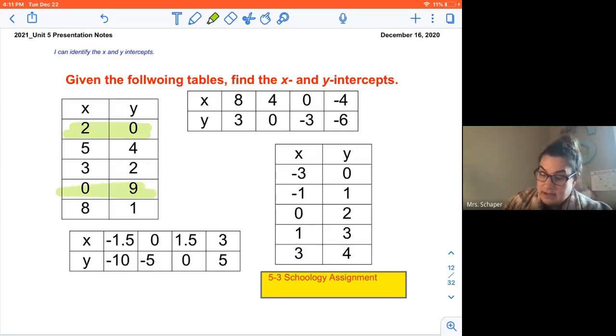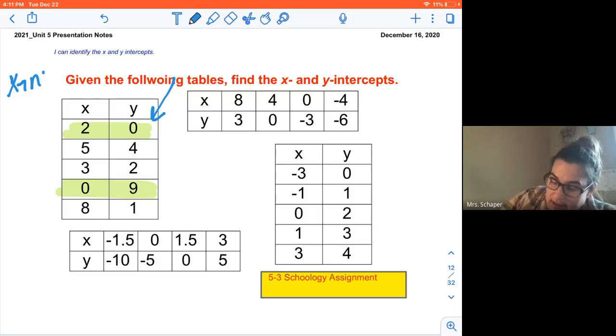So I've got 0 right here, and I have 0 right here, because my intercepts have 0 as the other variable. So when I look at this, I see that y is 0. That tells me that the x-intercept is 2. The y-intercept is going to be 9 because x is 0.